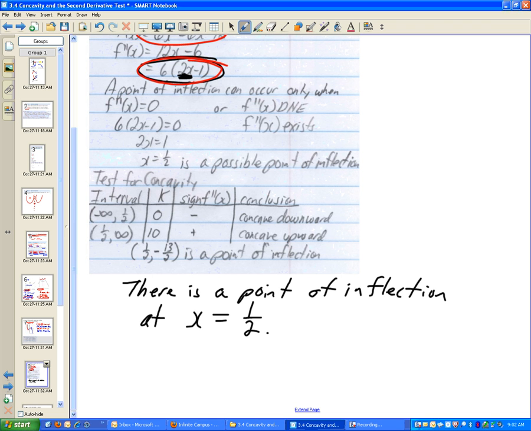Don't say that x equals 1/2 is a point of inflection. Just say there's one there at x equals 1/2. A little nuance, but I like to be technically correct. And you need to be technically correct when you take it in college. Okay?